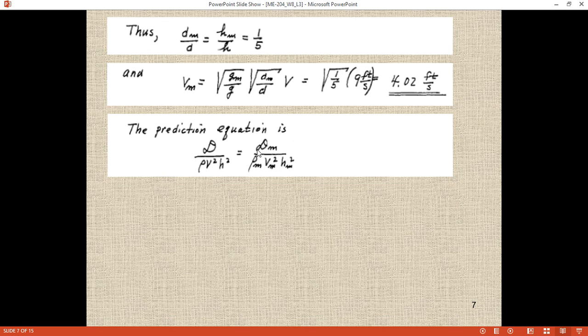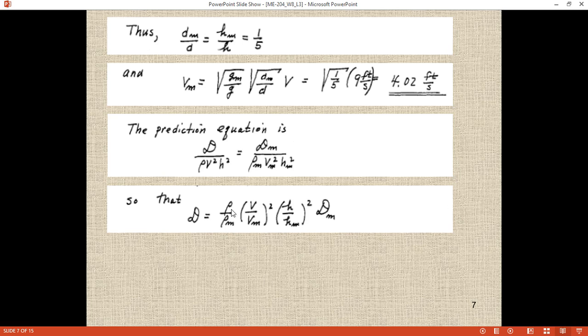So we took all these values: rho over rho m, the density of the fluid in the river and the density of the fluid used in the model, the velocity of the river fluid and the velocity of the fluid used in the model, the actual height of the block or prototype and the height of the model used in the laboratory.